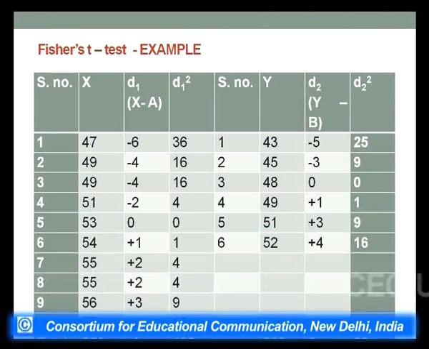The same thing you do in case of Y. Also, please note that the number of items in series X are 10. In series Y, the number of items are 6.